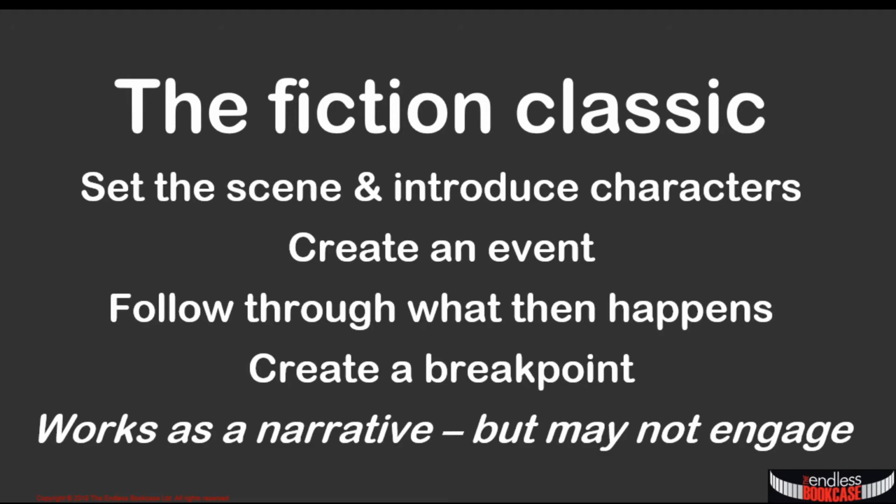And then, given that you're trying to break this up into chapters and not be one long thing, then somehow or other you come to a break point where some other thing happens, usually, that concludes that part of the overall story. Now, it does work as a narrative, and it's used quite a lot, but it may not engage your reader enough.